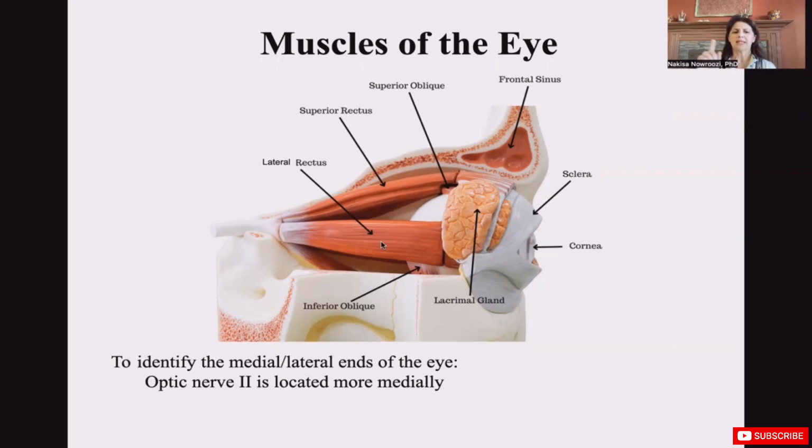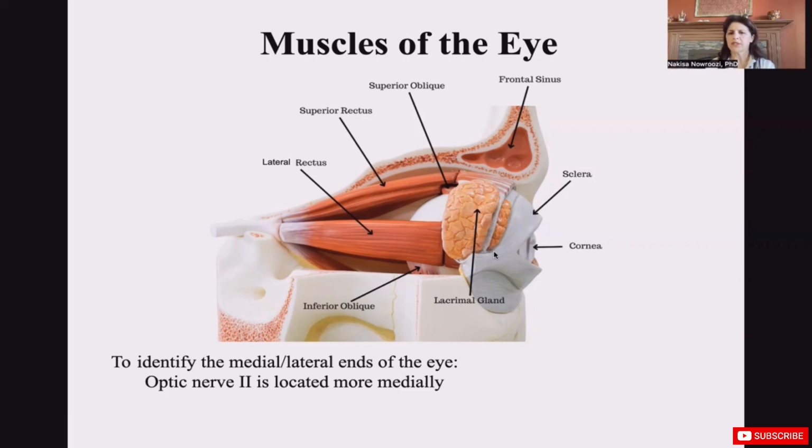The way we know which one's lateral, which one's medial, if you look at the posterior end of the eye, there is optic nerve 2, but optic nerve 2 is not located exactly in the middle of the sphere. It's more towards the midline, so it's more medial. That's how we know where the midline is. That would be our medial rectus. The other side would be our lateral rectus. This is showing lacrimal gland.